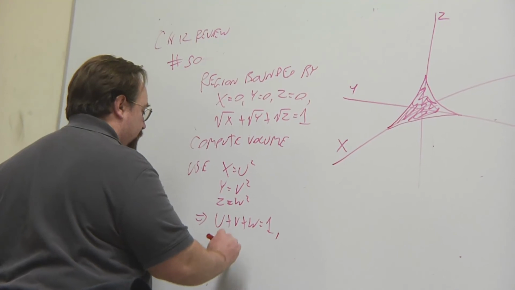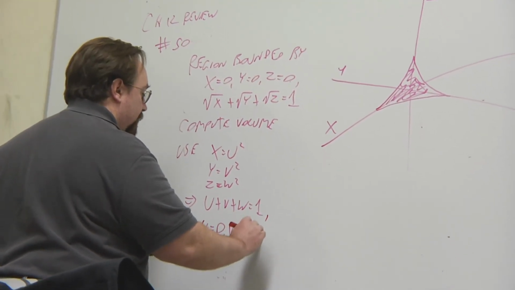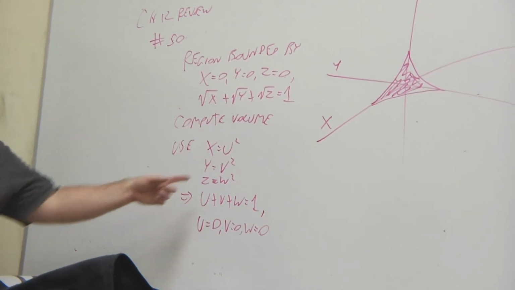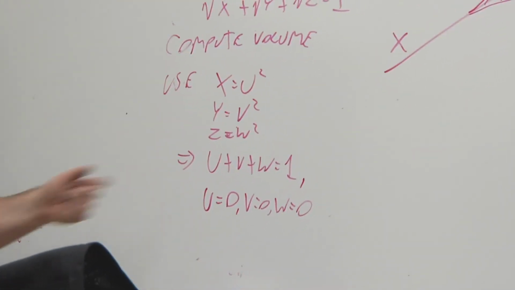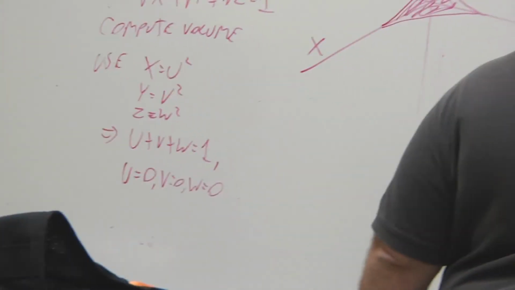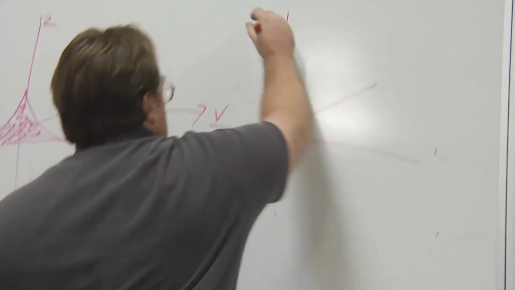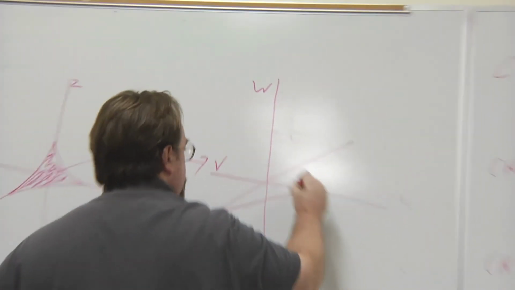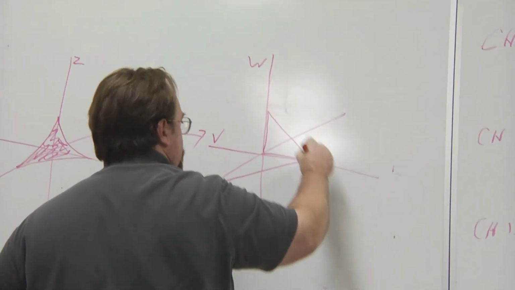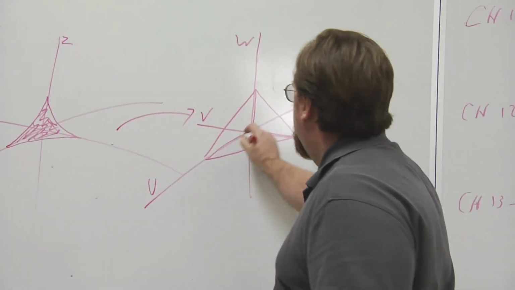Okay. So you also have these constraints. It's bounded by u equals 0, v equals 0, w equals 0. So all of this suggests what the limits are going to be. So we have u, v, and w. So there's your tetrahedron.